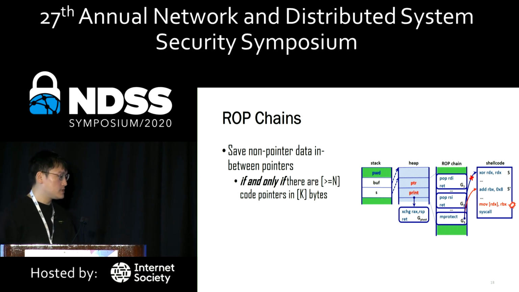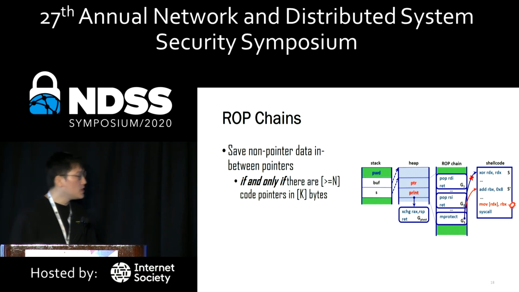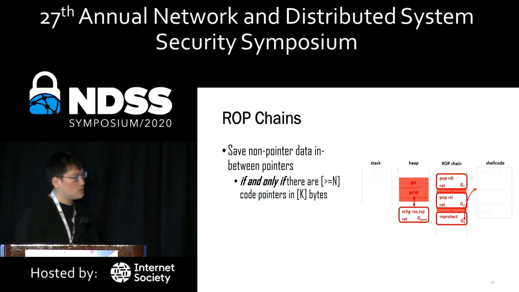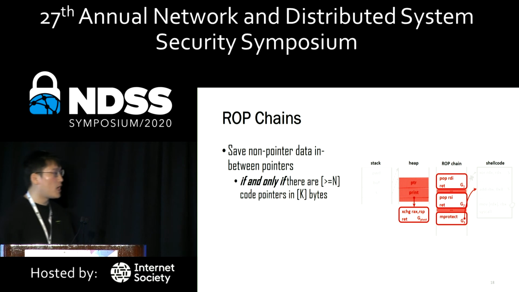We set a threshold of abnormal density for code pointers in certain memory regions, and try to identify a full chain of ROP gadgets. Back to the same example, we will save all the data in between the gadgets, which could be arguments used throughout the ROP chain.